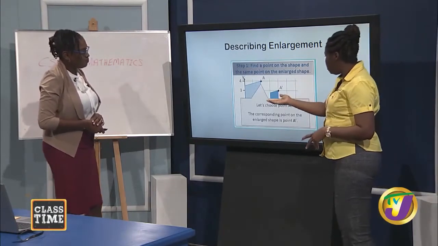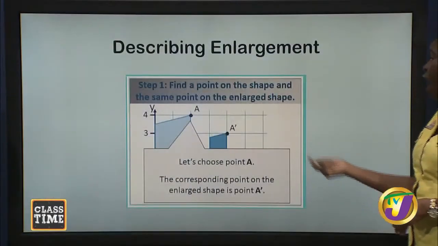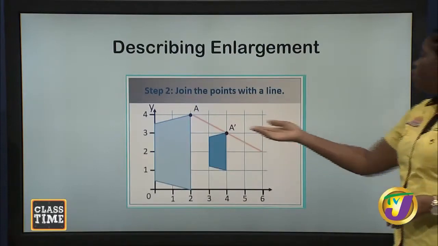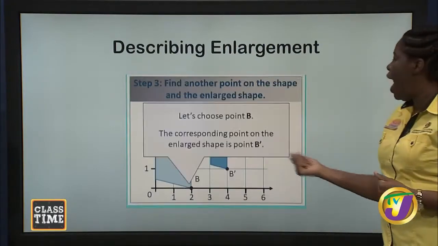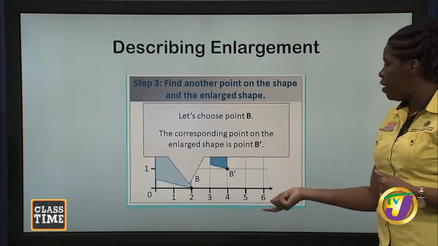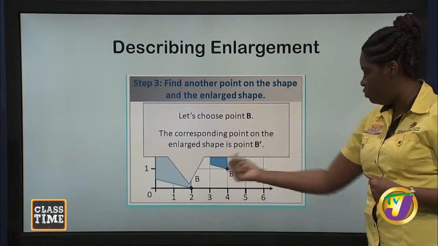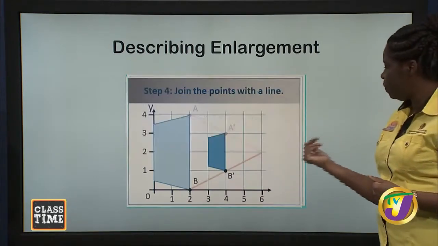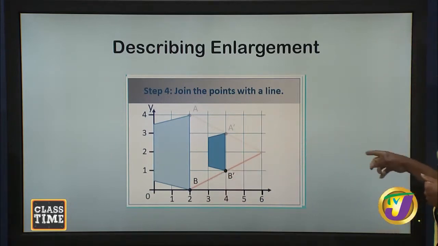Quickly, we'll just choose corresponding points on both object and image, draw a line segment, and extend this line past the shapes. Then we choose another two corresponding points, one on the object, one on the image, draw a line segment, and extend them until these two lines meet.